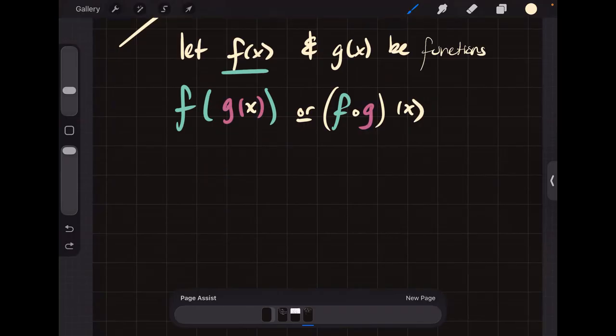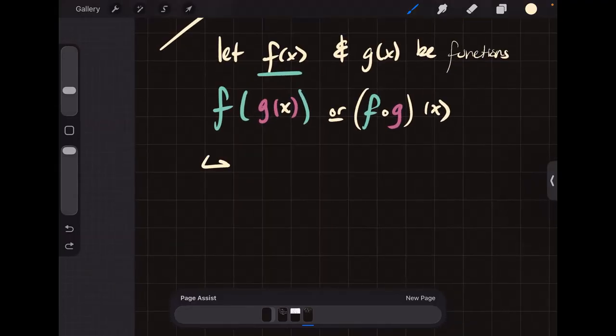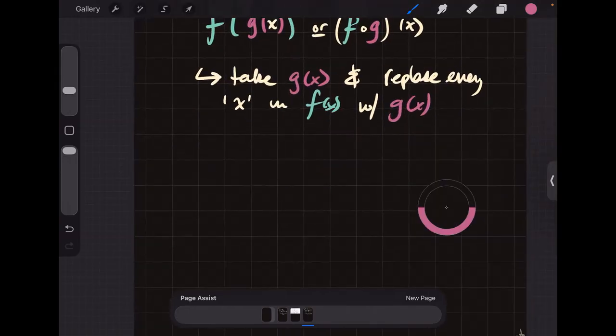All it means is you take g of x and replace every x in f of x with g of x. And I'll explain why this is important in a bit.